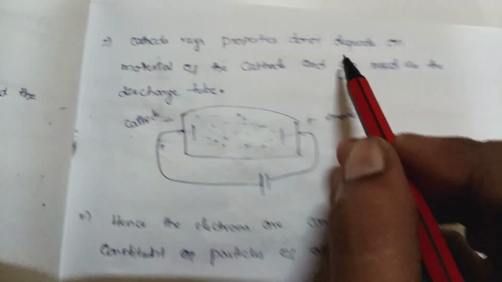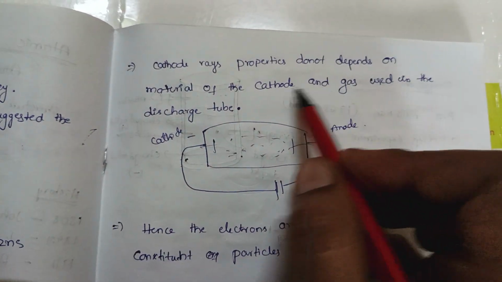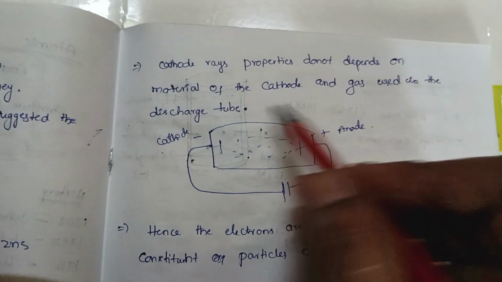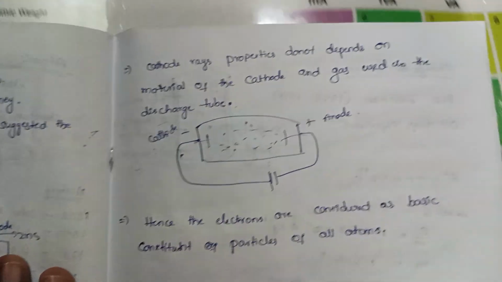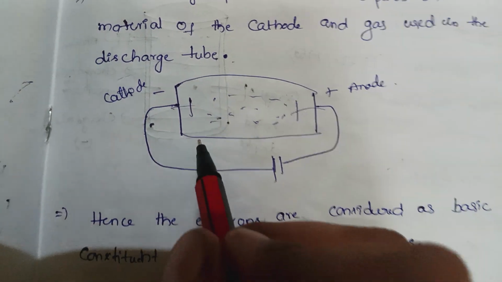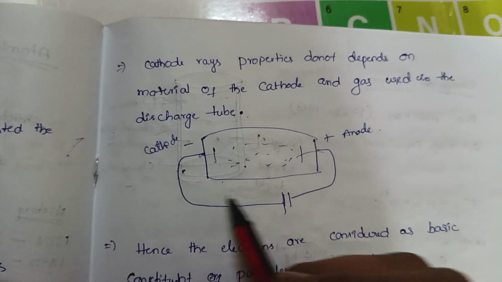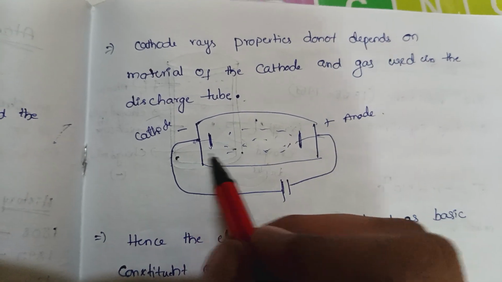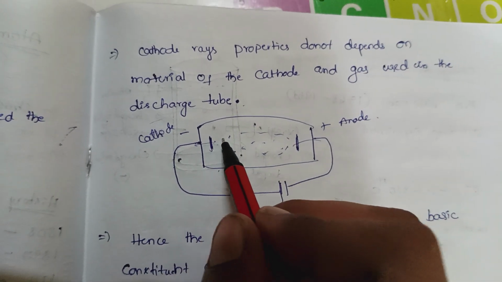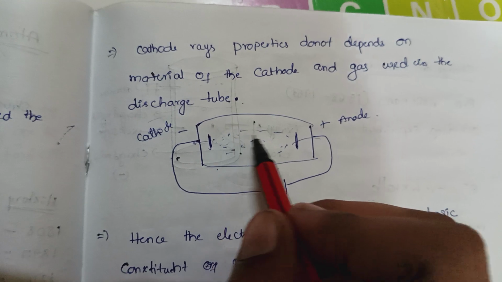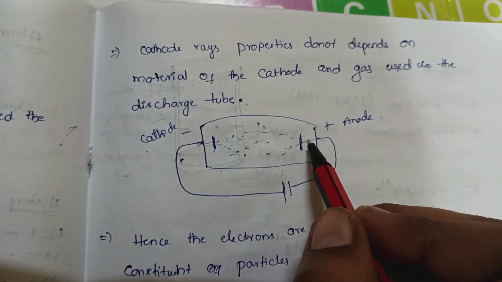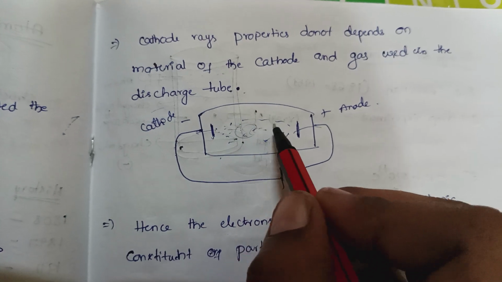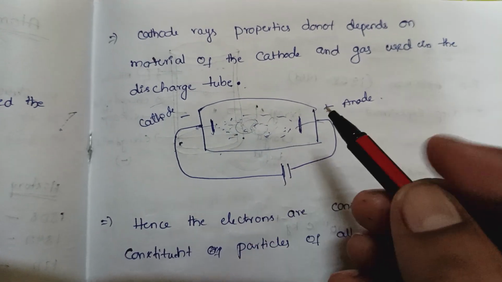Cathode ray properties do not depend on the material of the cathode and the gas used in the discharge tube. If we take a discharge tube, this is cathode and this is anode. Whenever cathode rays generate, they pass towards the anode. These are gaseous atoms or gaseous molecules.